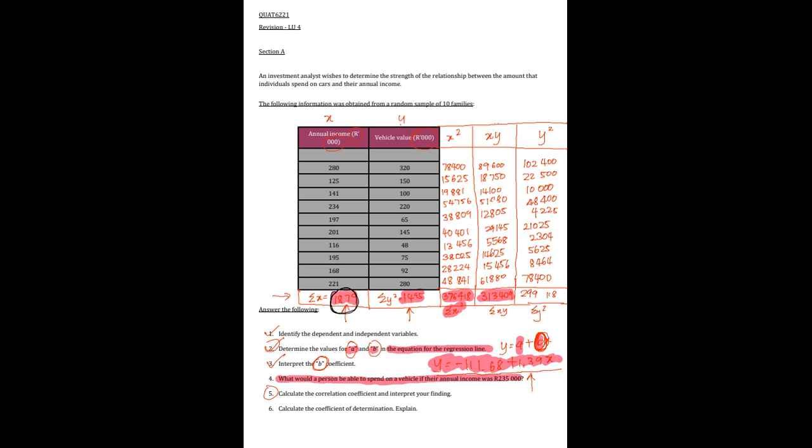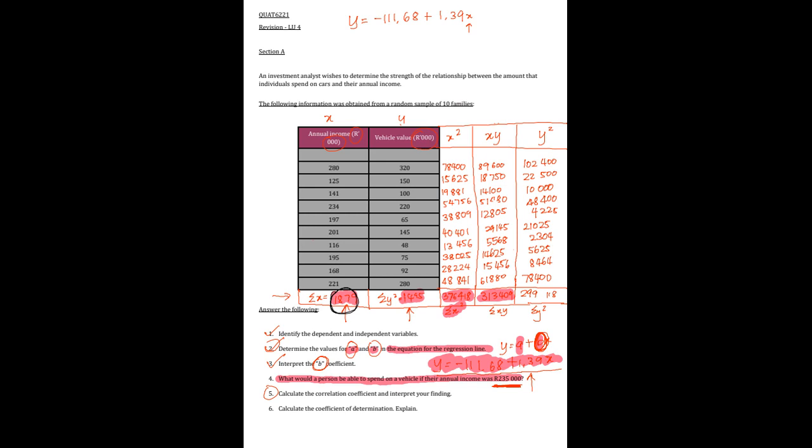So all you're going to do is, in the formula, y is equal to minus 111.68 plus 1.39x. You're going to substitute in place of x the 235,000 Rand that they said to you. This is what the annual income will be. How will that affect the amount that we can spend on a vehicle?